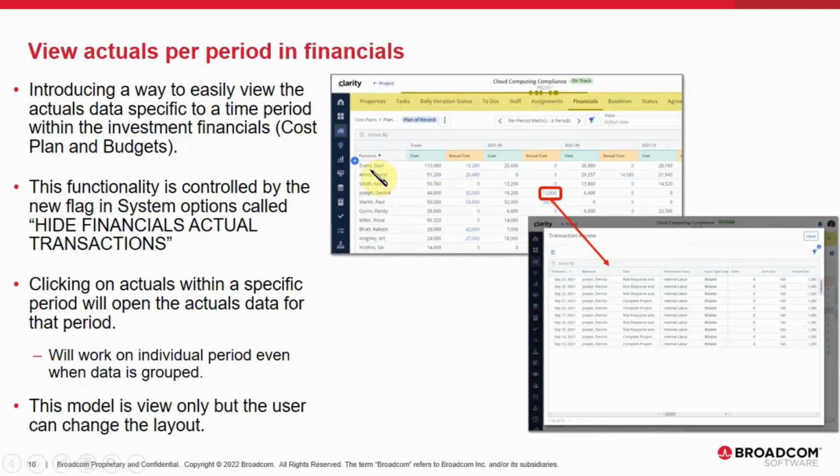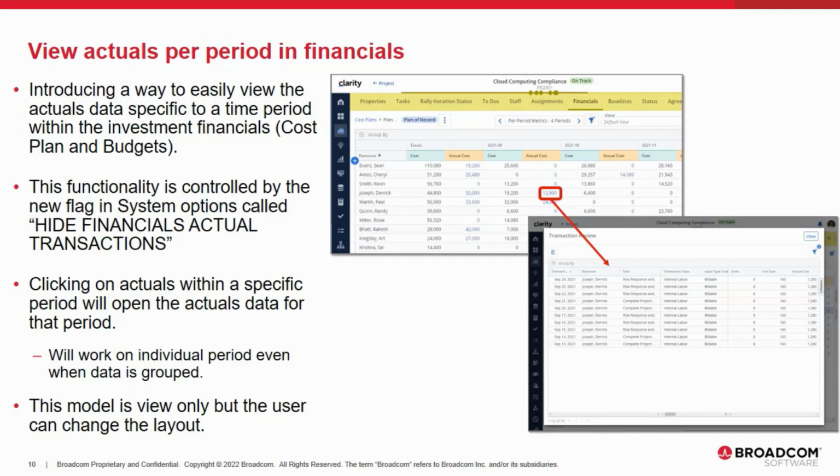Like in this example, for an individual user, I can see that the actuals are now a clickable link. I can click on the actuals and a pop-up modal will appear displaying me the specific transactions that sum up to be that number. This functionality would only work if the actual transactions has been enabled. If the admin has disabled viewing of the actual transaction, then this functionality will not be available.